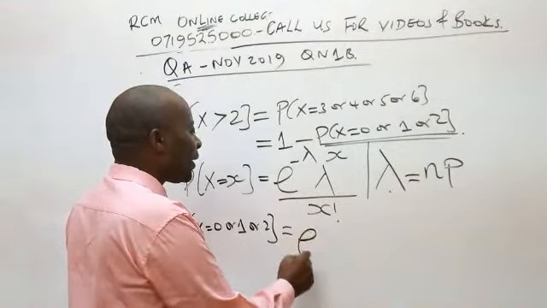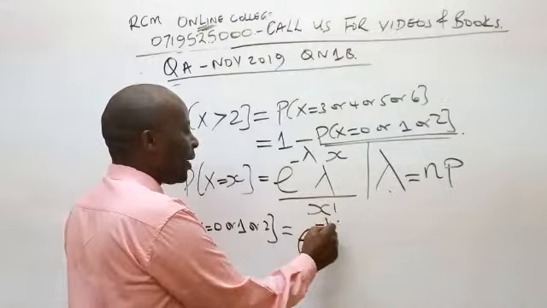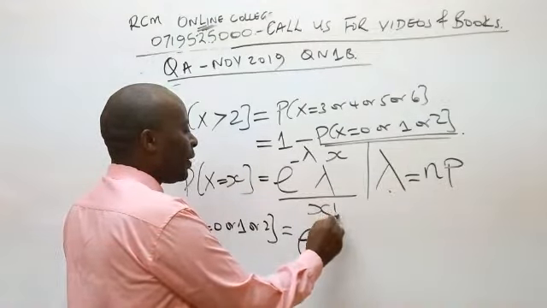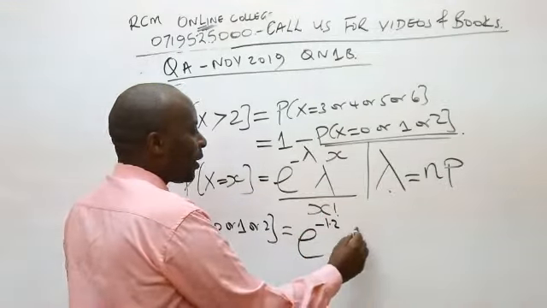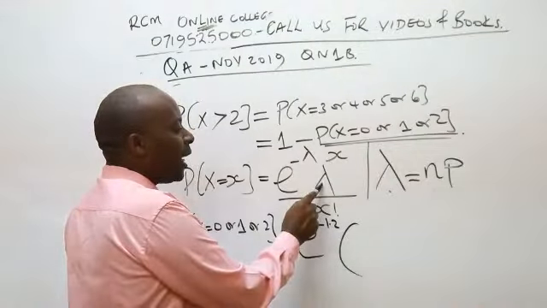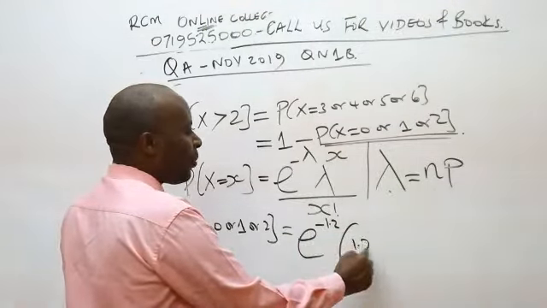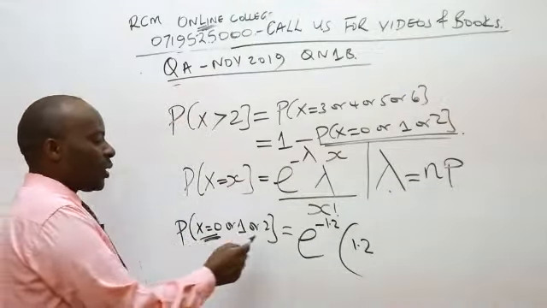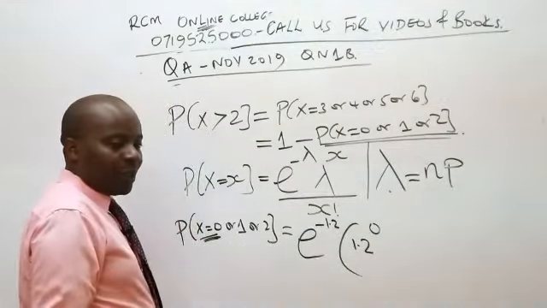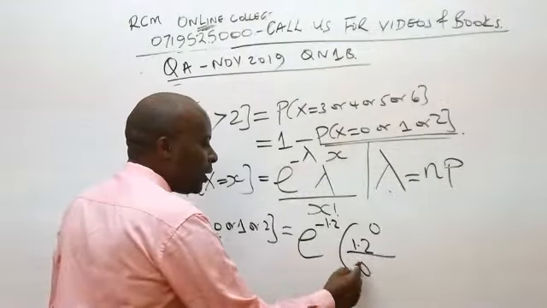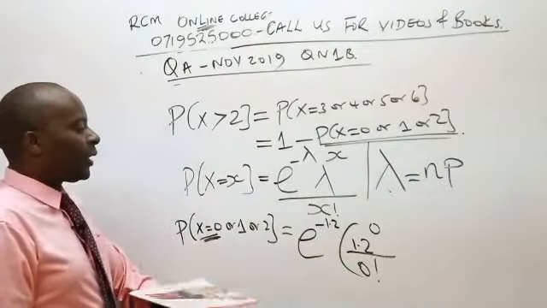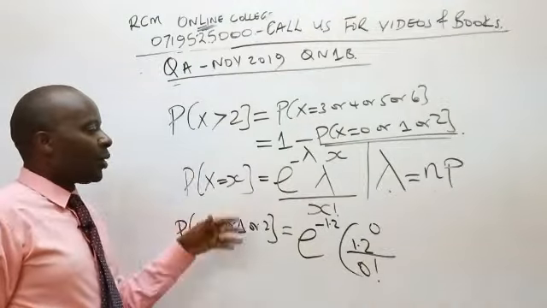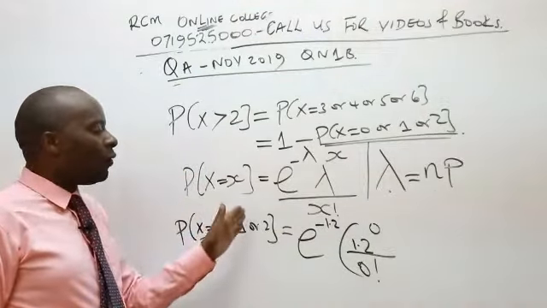So I'll come and factor out e raised to negative lambda, into lambda, which here is 1.2, raised to the first x figure, which is 0, all over 0 factorial. I'm factoring out this e because it's applicable to each one of them.